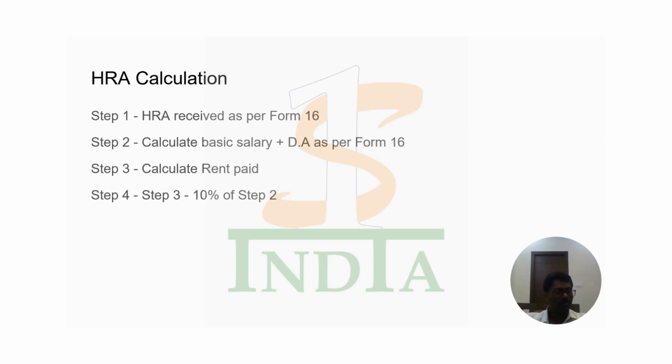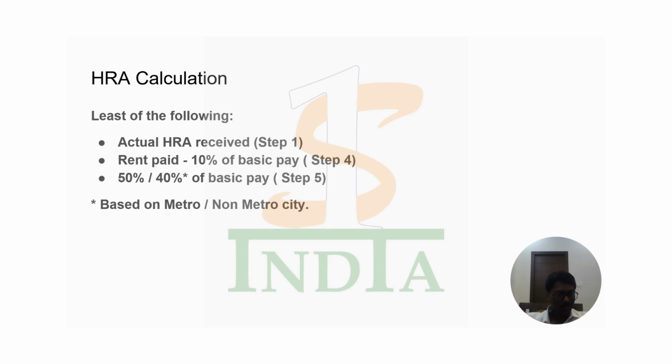And now here comes the last limit. Step 5 is going to be 50% or 40% of step 2, that is your basic salary plus DA. So we have seen the limits given in the previous slide. Now here is how the HRA exemption is calculated. The least of these 3 is going to be exempted under section 10(13A).